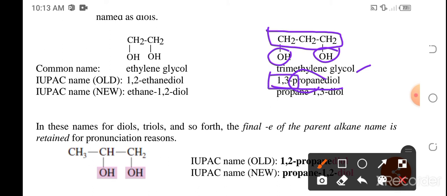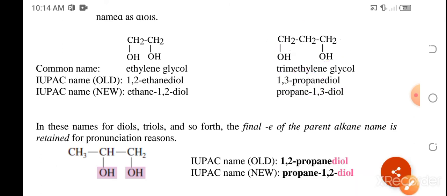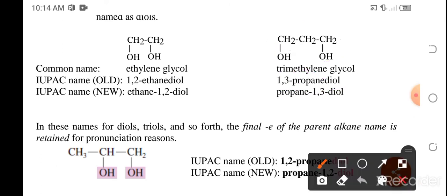It is important that we write the position of the hydroxyl groups, because they could also both be on 1 or both be on 2. So it is important to indicate the position. Still, we follow the rule that we use a comma if we are separating two numbers. 1,3-propane diol has a synonym, propane-1,3-diol, and the common name is trimethylene glycol.